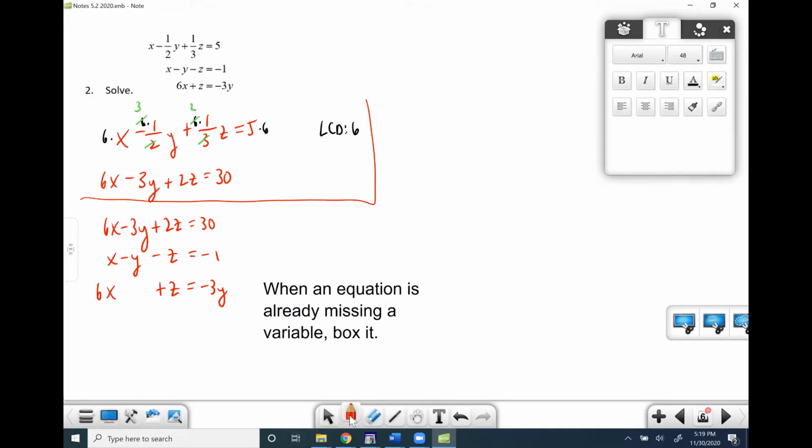So in other words, this one's done. Remember, we worked hard to get rid of the variable, okay? So since y is missing, go to the other two and make y go away.